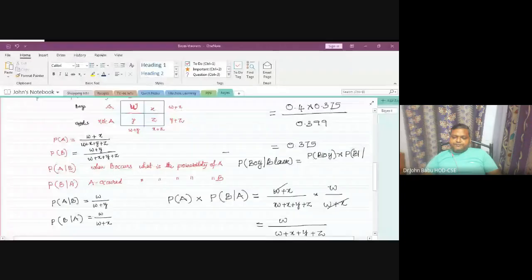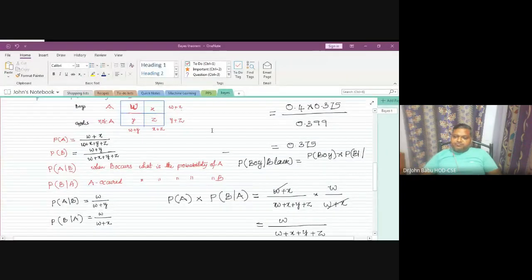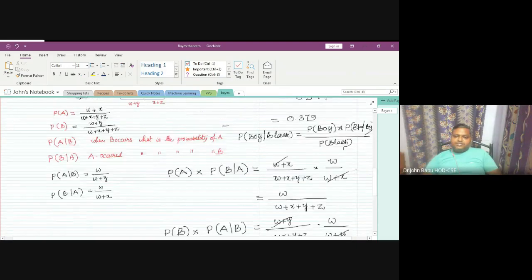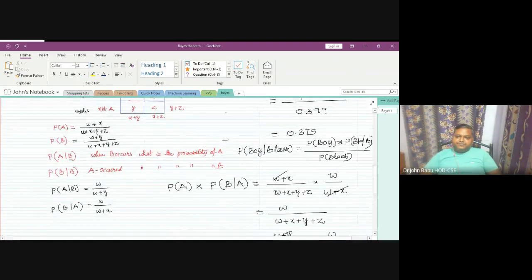So probability of boy, probability of black given a boy, by probability of black. So probability of boy is 0.6, 60%, that means 0.6.